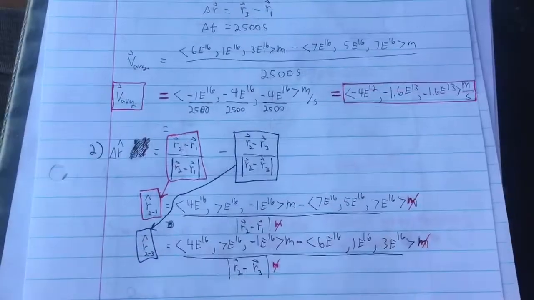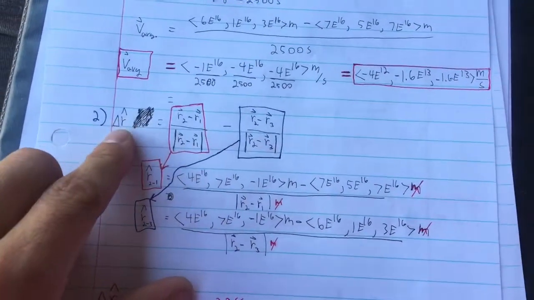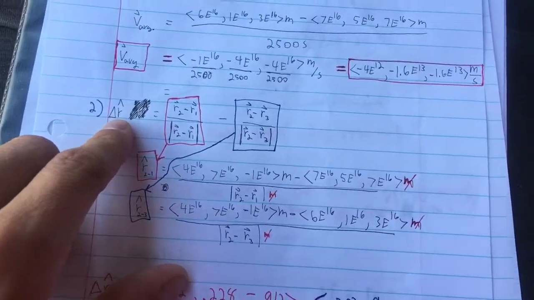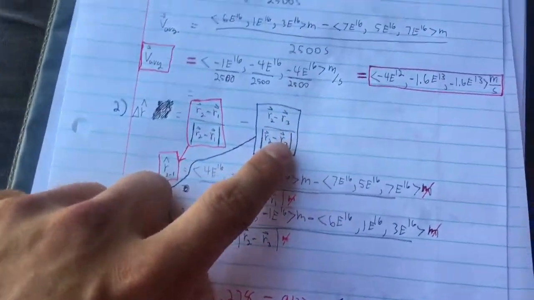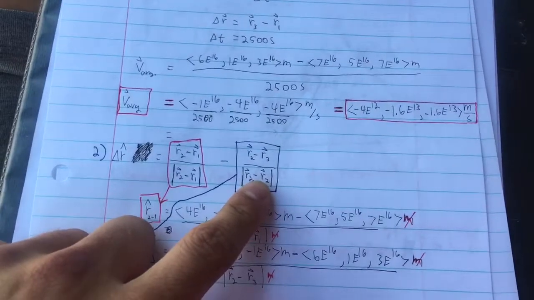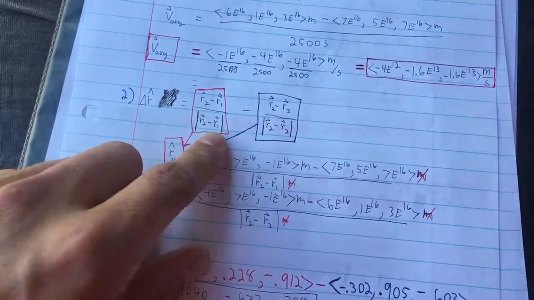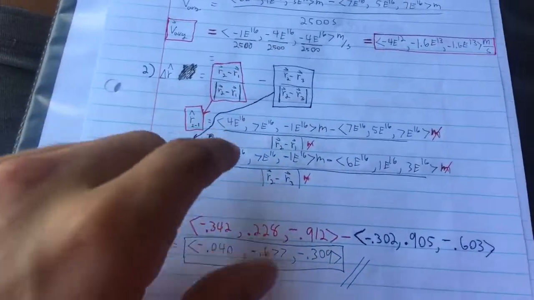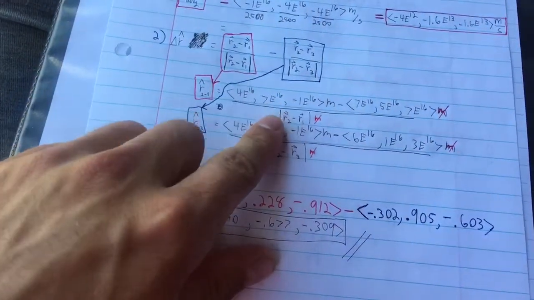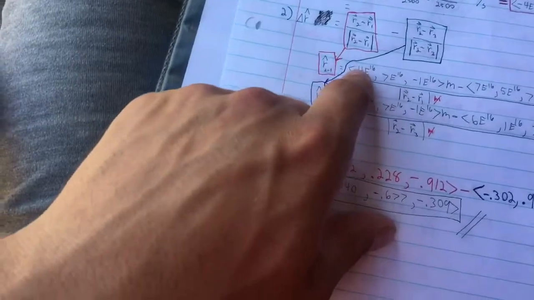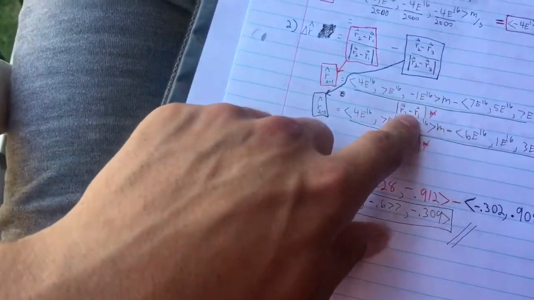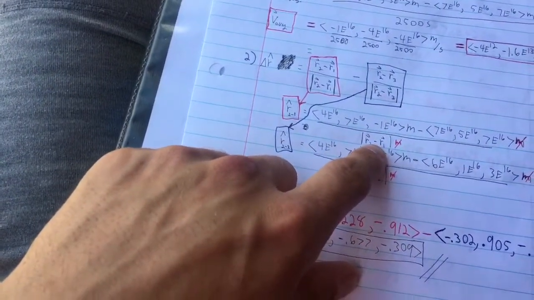So in order to find our change in unit vector direction, we need to subtract our initial unit vector direction from our final unit vector direction. To find these unit vectors, we simply need to divide the vectors by the magnitude of that vector.